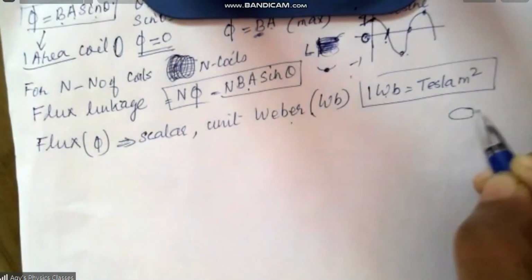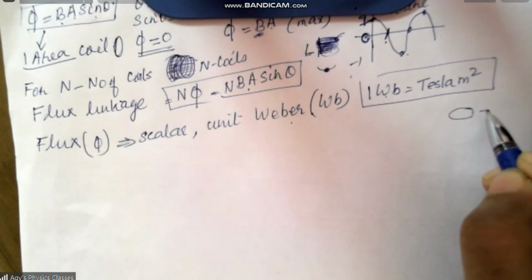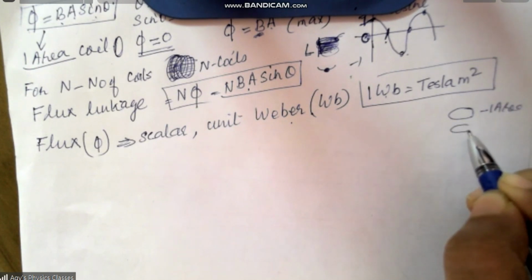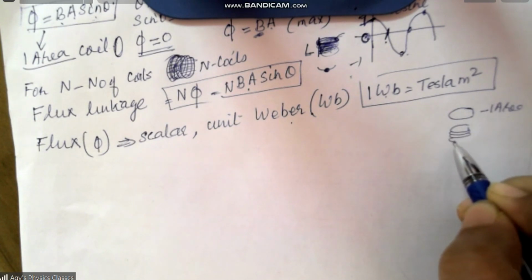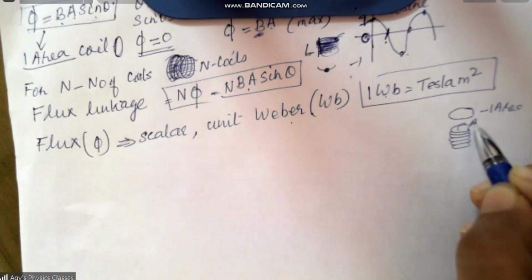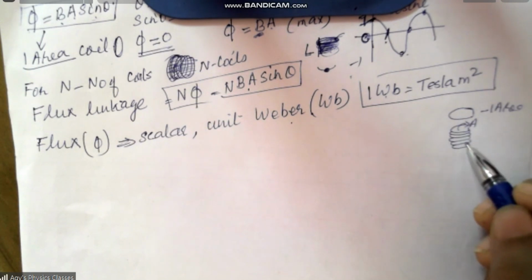See, look here. If you have got one coil, you have got only one area. If you have got a spring, assume that it's like this, placed very, very close. This is the area that we are talking about. But how many?